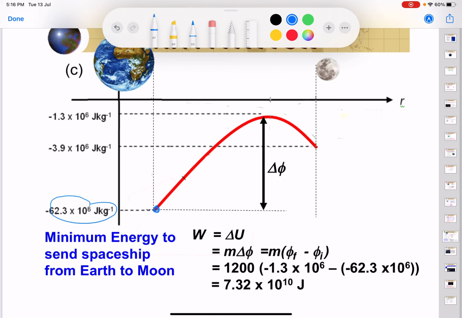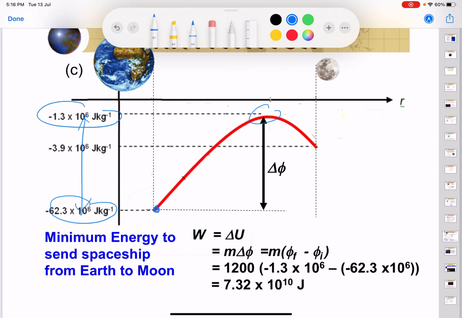But if you look carefully at this graph, that is not so, because in order for you to reach the Moon, you must be able to clear this height first, right? This difference first before you can reach the surface of the Moon. So that is actually the difference that we are interested in, right?